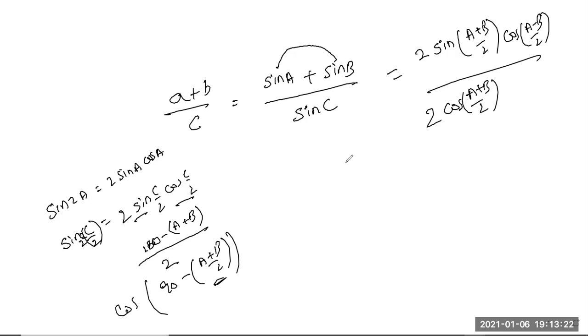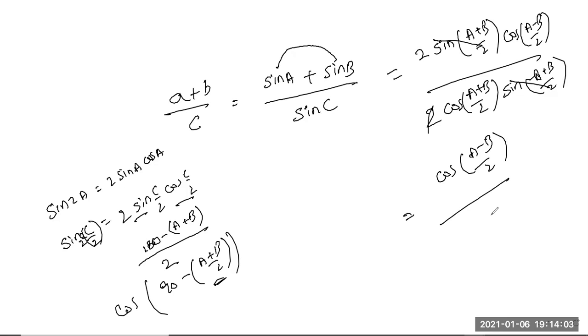Now which things cancel? Sin of (A+B)/2 on top cancels, and the 2 also cancels, leaving cos of (A minus B)/2 divided by cos of (A+B)/2.